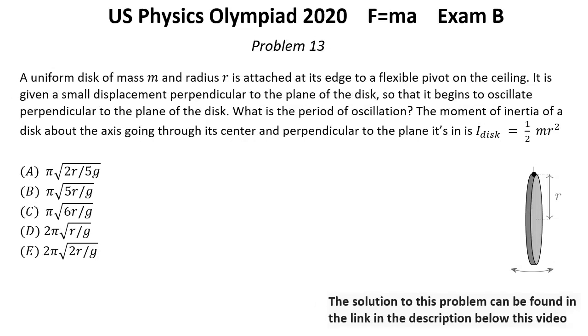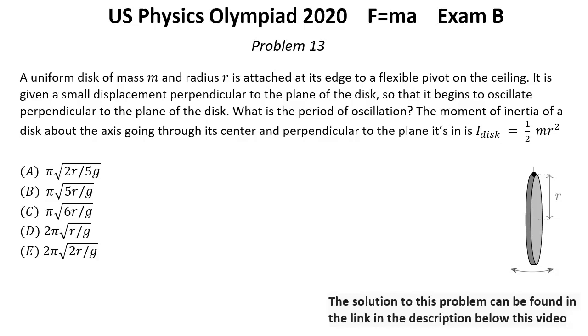Problem number 13. A uniform disk of mass m and radius r is attached at its edge to a flexible pivot on the ceiling. It is given a small displacement perpendicular to the plane of the disk, so that it begins to oscillate perpendicular to the plane of the disk.